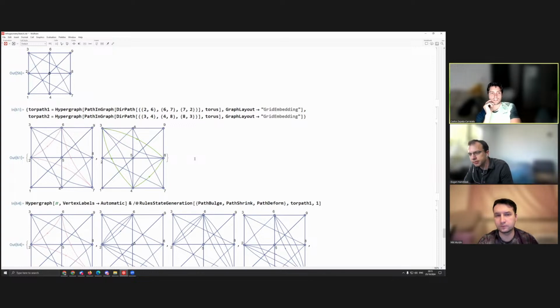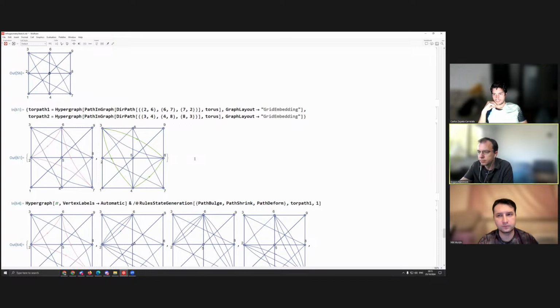You would say something like pick a base point or any two fixed points, and then trace a random fixed length path between those, and then apply rewrites that only shrink or deform, right? Because that's an interesting thing actually.